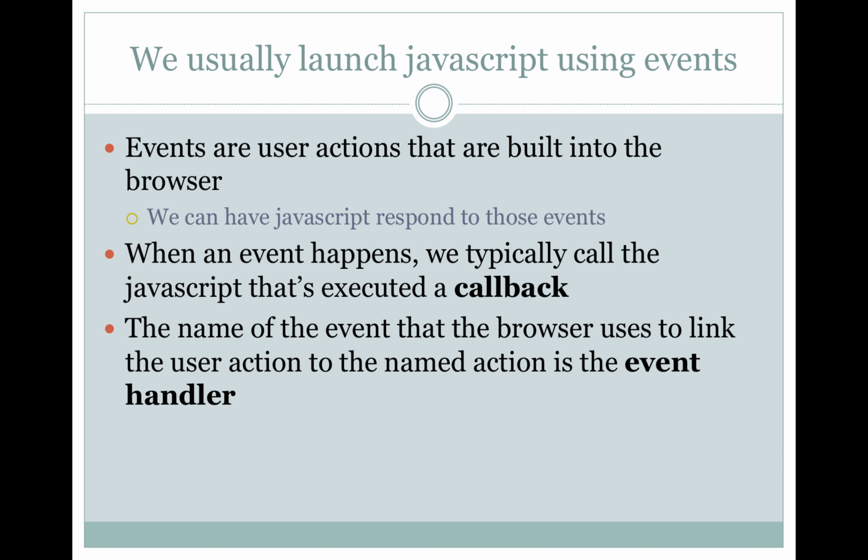And if there's a callback, it will call our JavaScript. And all of that's sort of transparent. It's built-in functionality for the browser. We typically assume that it works, and it works well, and we are sort of at the mercy of the browser anyway in those cases. So that's sort of the structure that we use to launch most of our JavaScript.